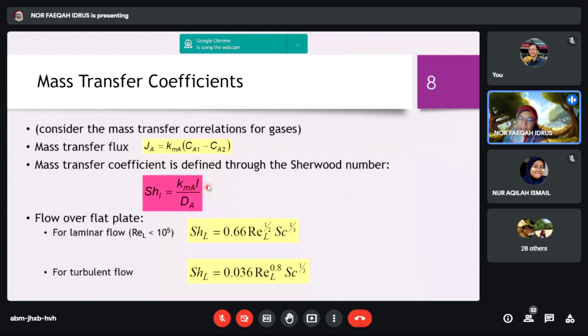Okay, and then what happened to the characteristic length tadi? So kalau cylindrical shape or sphere shape, the characteristic length ni will become the diameter of catalyst. So diameter of sphere or diameter of the cylinder.